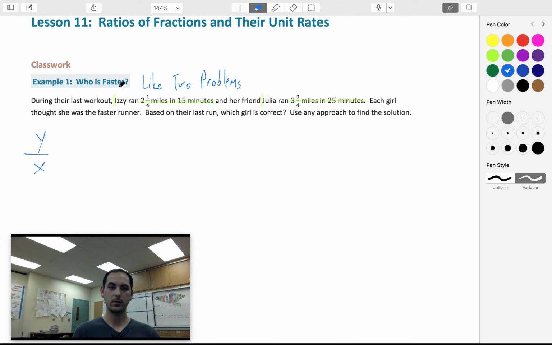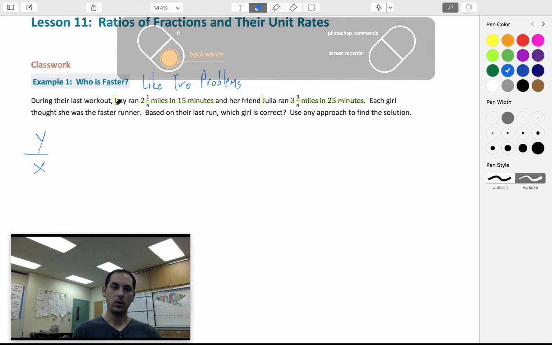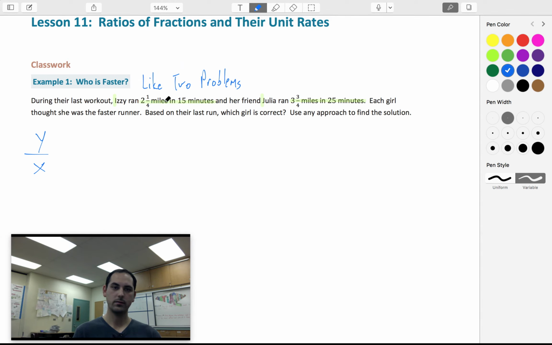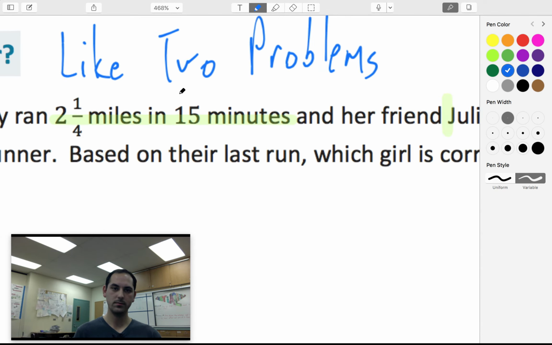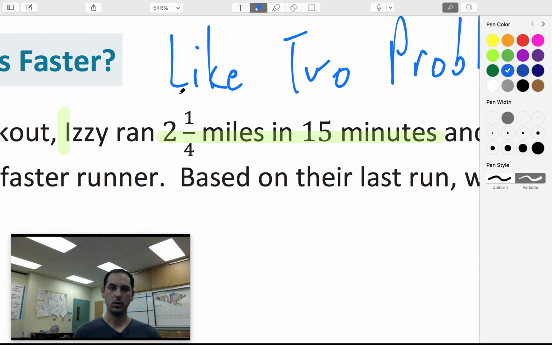So let's look at the first problem. This one here is like the first problem, and this one's like the second problem. Okay. So on here, which one would be x? Well, remember in class I said time is always your x-axis, which makes this one your y.